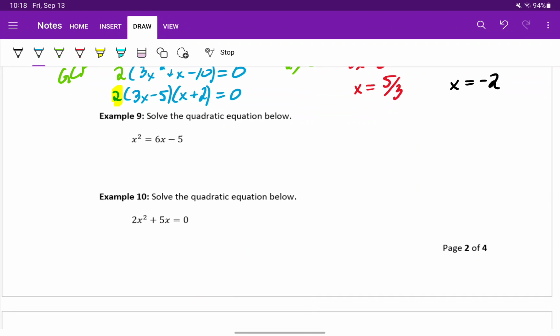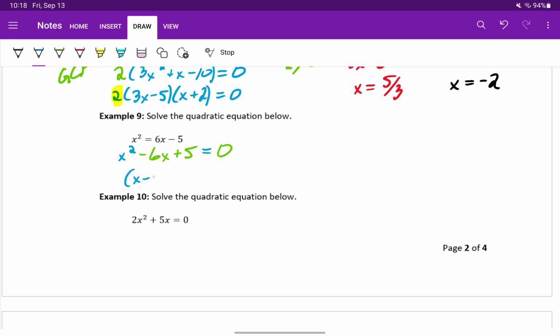In example 9, we have to take the step that we looked at with the previous problems with the quadratic formula and update this to get our quadratic equation in standard form. Moving both terms to the left-hand side of the equation lets us do that.